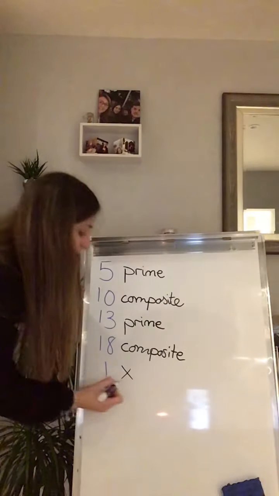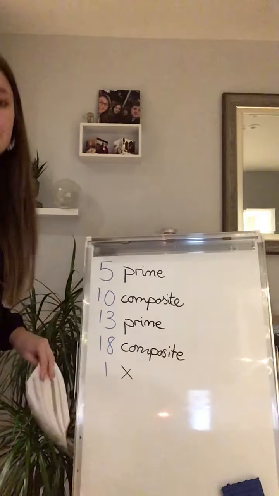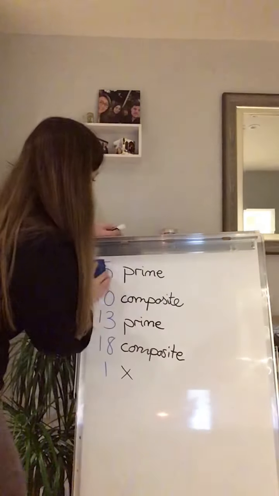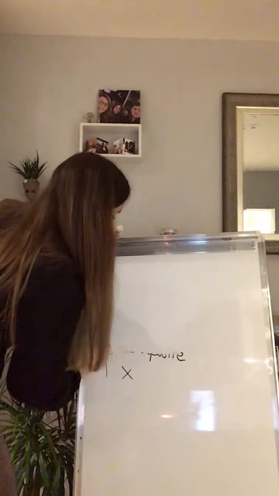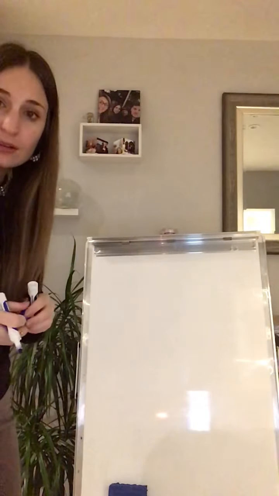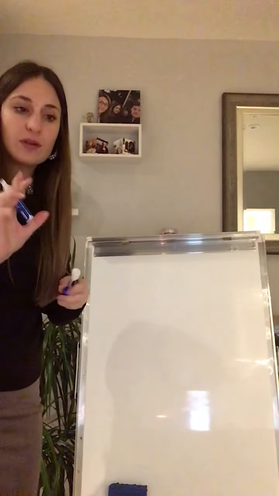So 1 is neither composite nor prime. Right, so now that we have this done, let's remember that we have prime numbers, exactly 2 factors, and composite, more than 2.